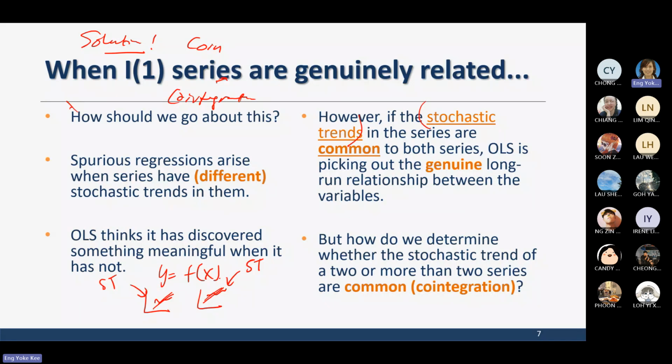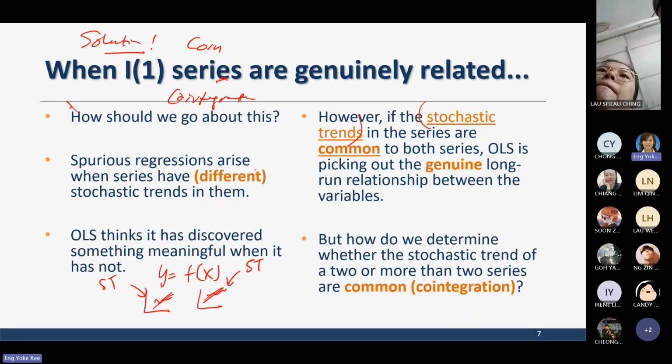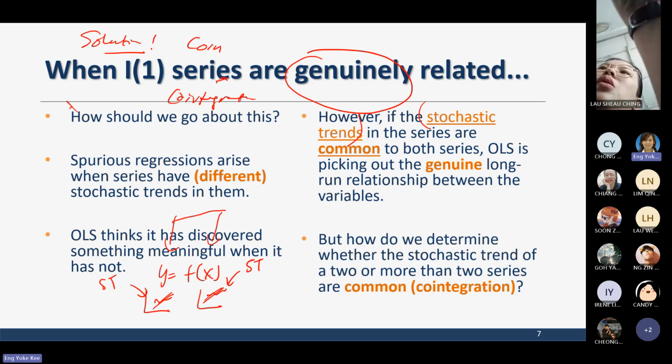If there is a genuine relationship between these two, what does it mean? It means that these two will have a co-movement over the years. These two variables will not deviate far away from each other.